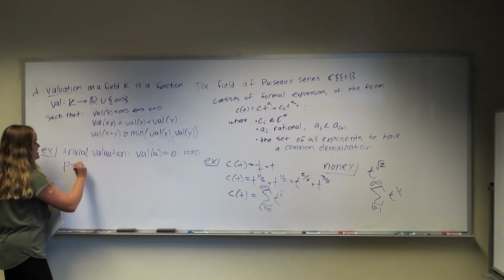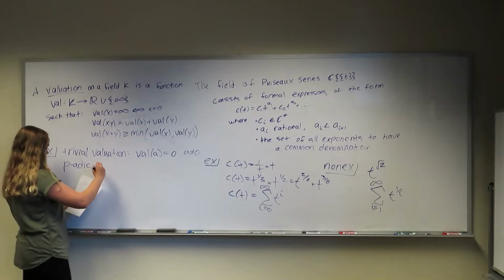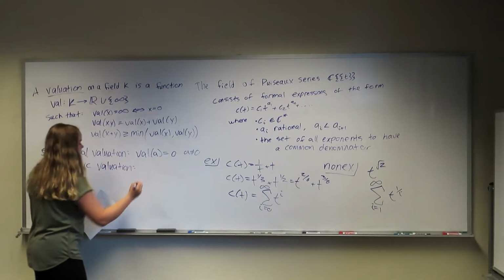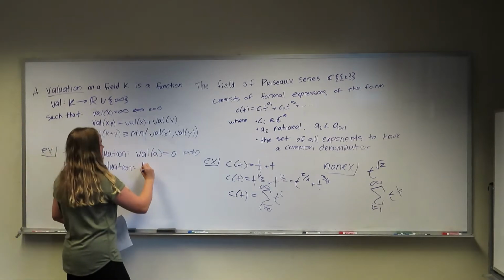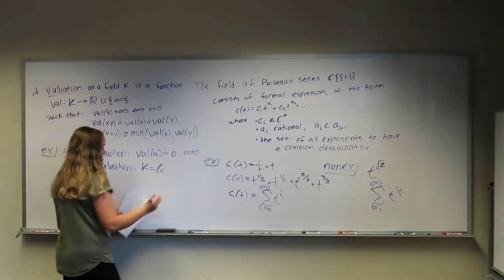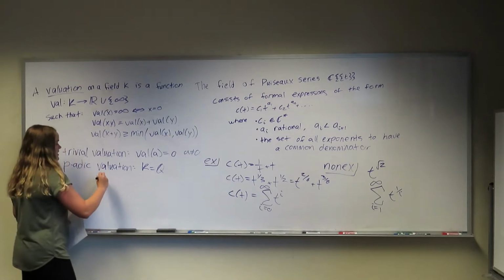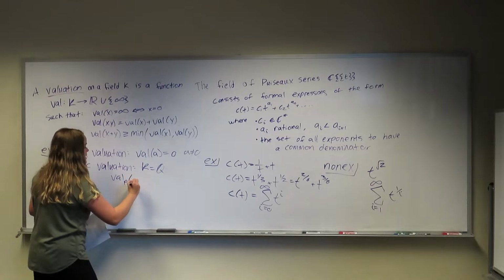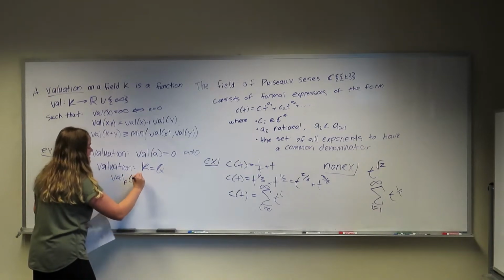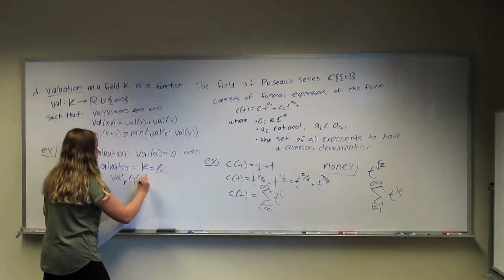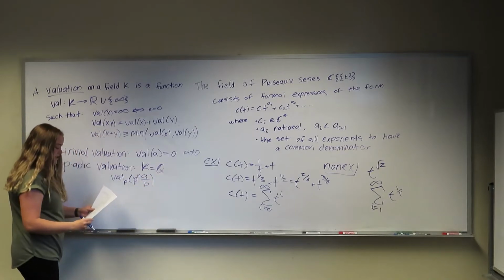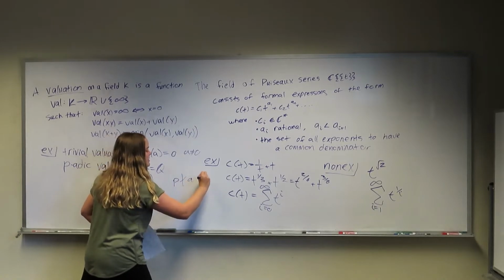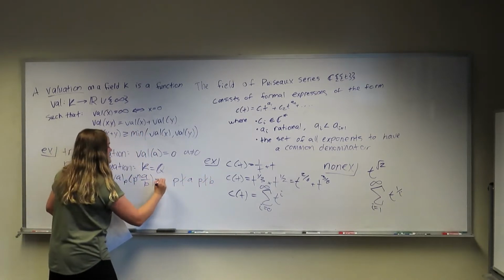Then the p-adic valuation, for which we want our field to be Q. The p-adic valuation of something of the form p to the n times a over b, where p does not divide a and p does not divide b, is equal to n.